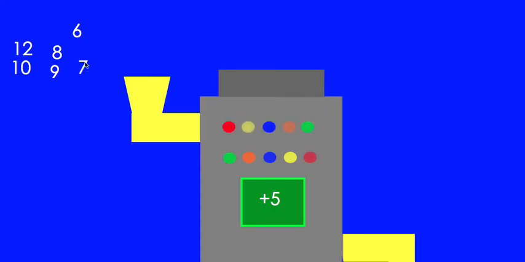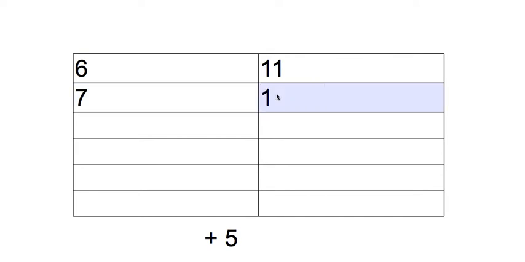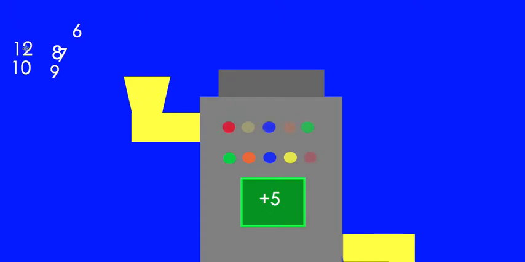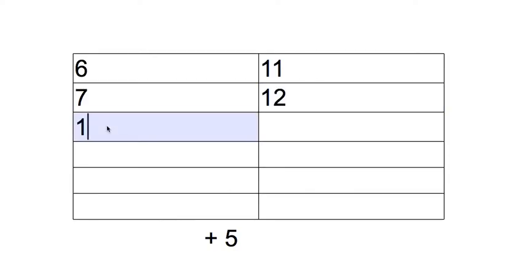So if I take 7 and I put it into my machine, I apply the rule plus 5, my output is 12. If I put 10 as my input, my output is 15.